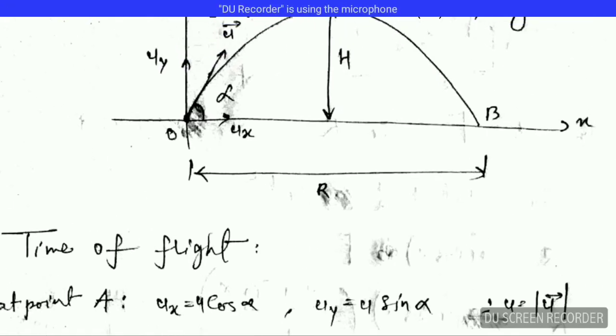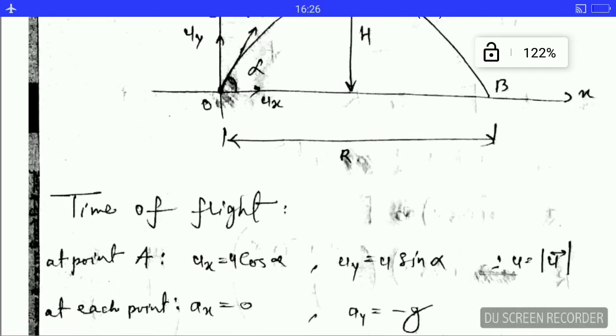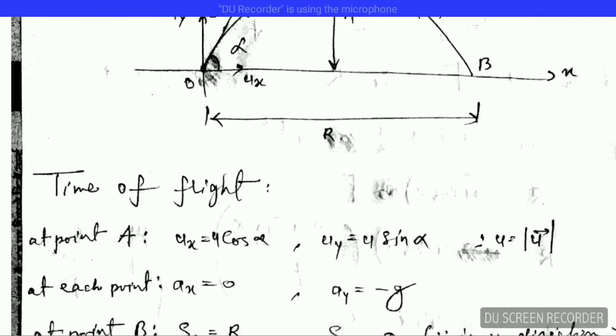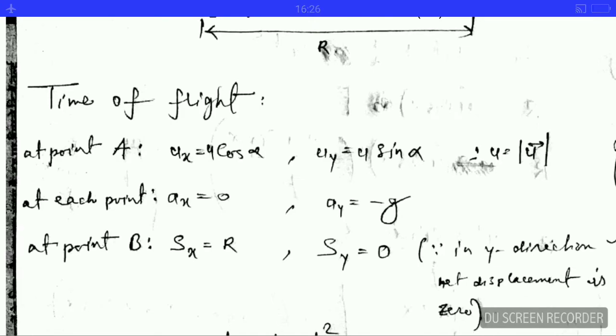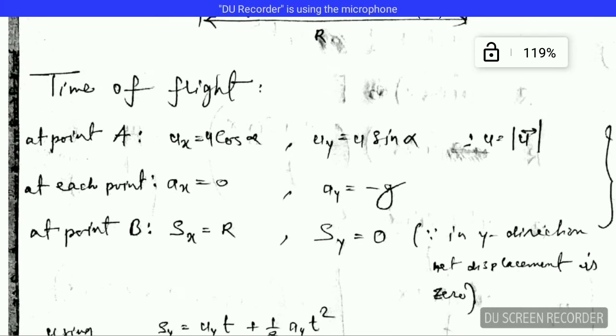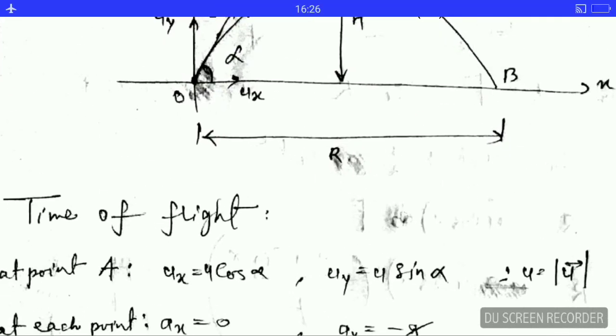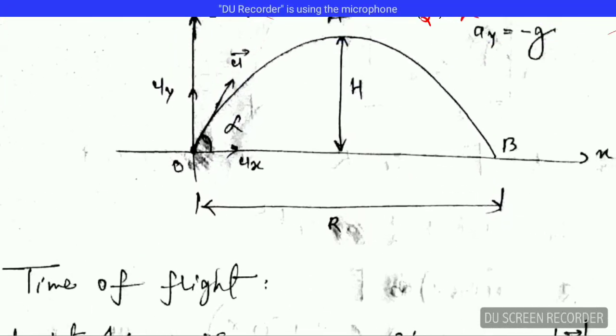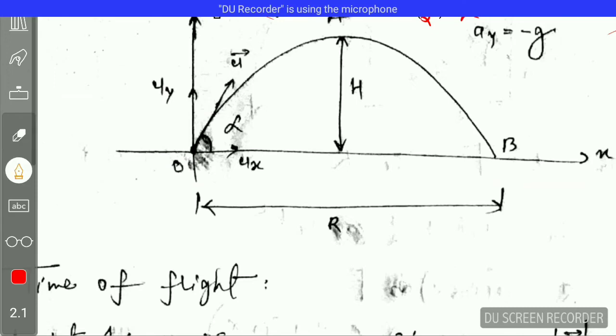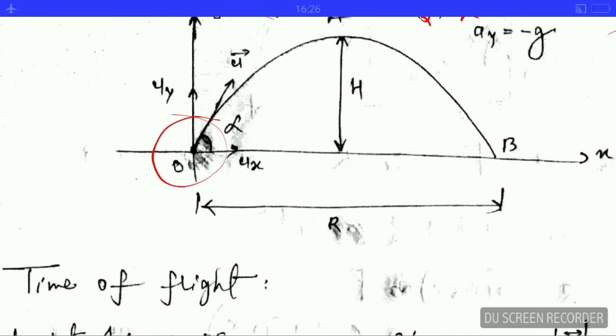Now, what you have to see at this point: the projectile is thrown from the point O. At the point O, the velocity u is the initial velocity.